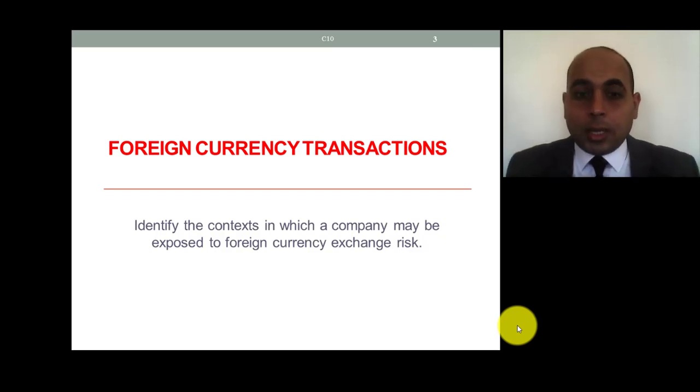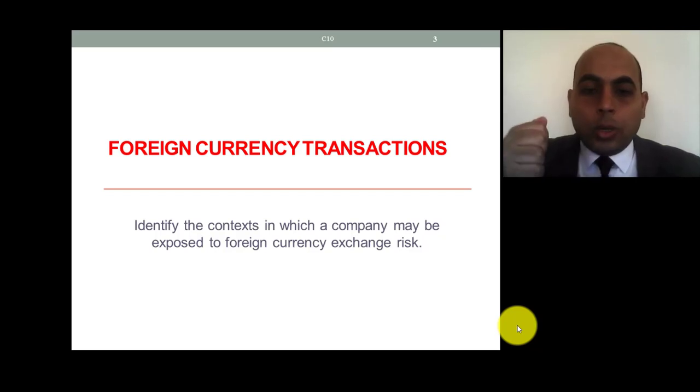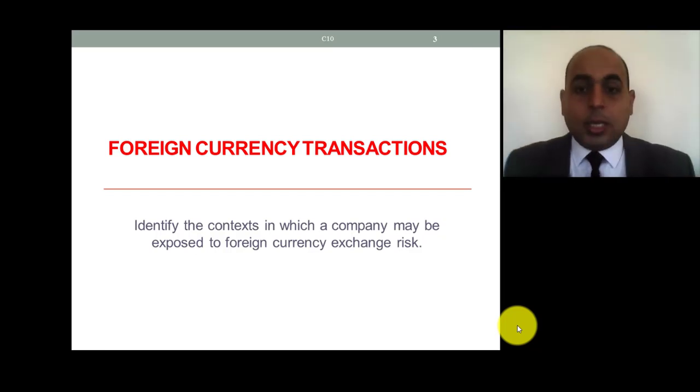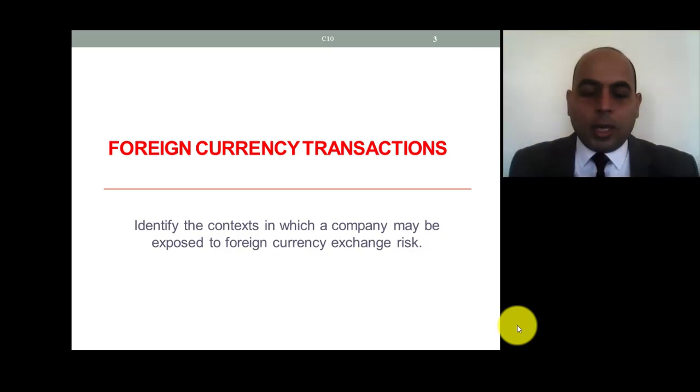The reporting currency, or the functional currency, is the currency that we use to report or to record our transactions. Now, as we have an imported transaction or exported transaction, we have a transaction denominated in foreign currency. Let us see an example to clarify this idea.